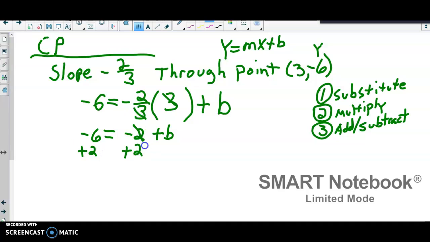My goal is to isolate the b, eliminate the 2, and I did. Negative 6 plus 2, signs are different, so I subtract. Keep the sign of the bigger number. I get negative 4 equals b. I just found the y-intercept. Step 4 is write the equation.